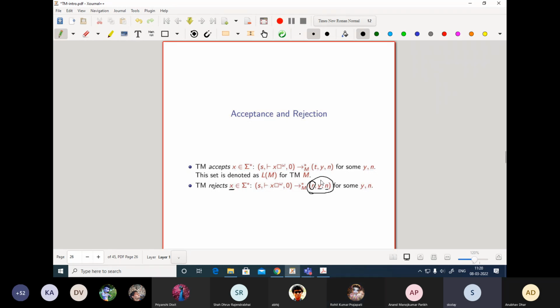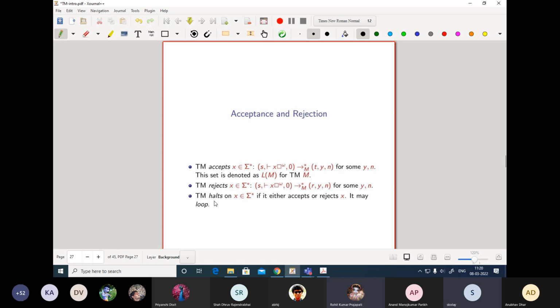But such a configuration can be derived from the start configuration. When I say such a configuration, I particularly mean that the state of this configuration is the reject state. So this is how I can define acceptance and rejection of strings by a Turing machine M.